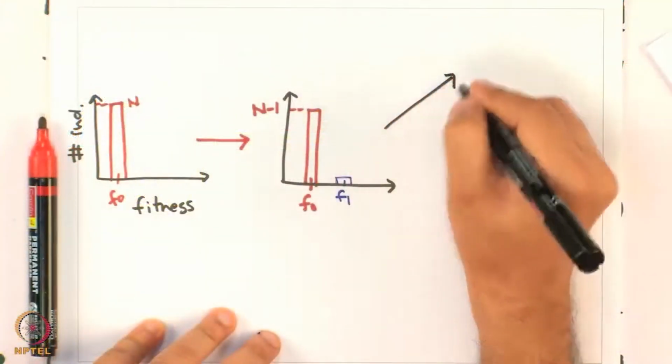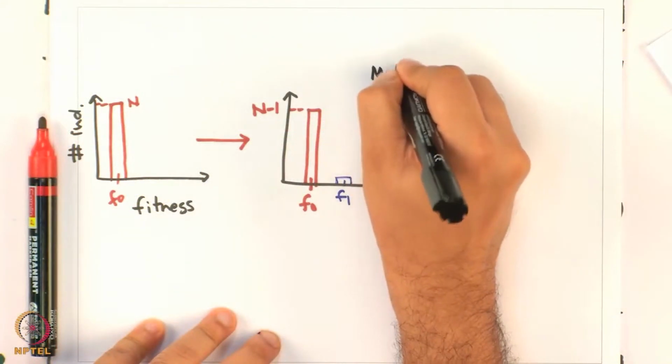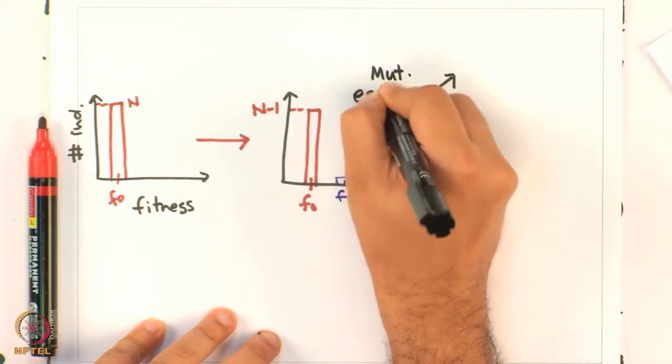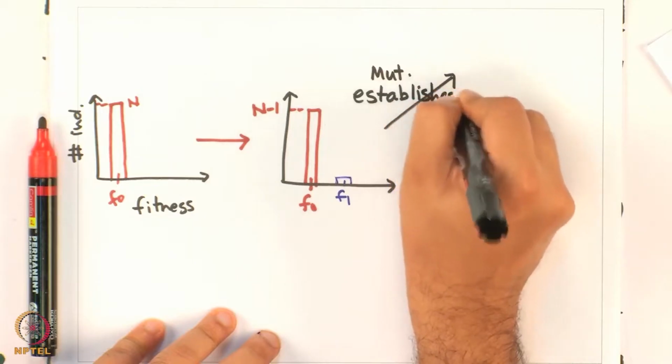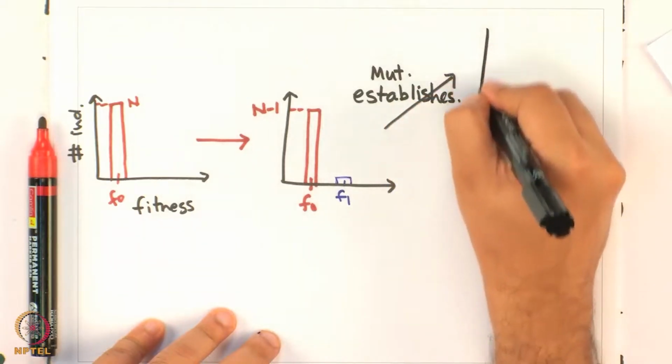Let us draw the case where this mutation is able to establish itself and hence the mutation goes to fixation. So this is the case when the mutation establishes, which means it will later go to fixation.